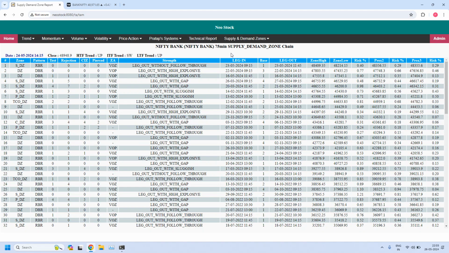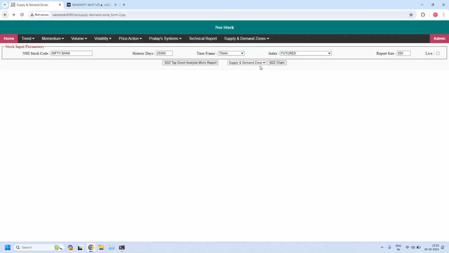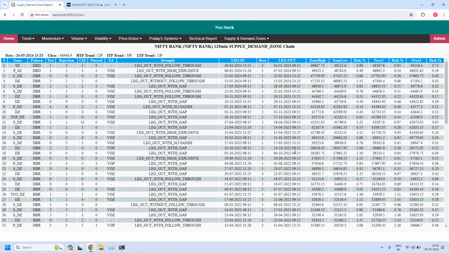Anyway, from the 75 minutes point of view, there is no high liquidity, but in 125 minutes there was a supply zone, because last week from this zone we picked up some orders. 125 minutes can have 34, 13, 25.